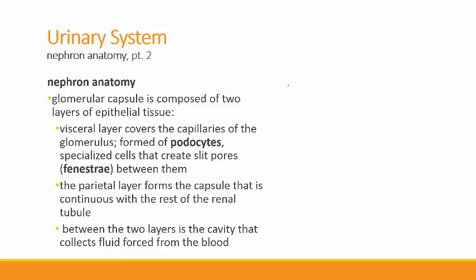So, as I said, we've got a good picture in the book. I don't know the page, but I may be able to tell you the picture number, and again, I could have this all up and going, but I didn't. So we have a visceral layer to the glomerular capsule and a parietal layer as well. And I'm still looking for the picture.